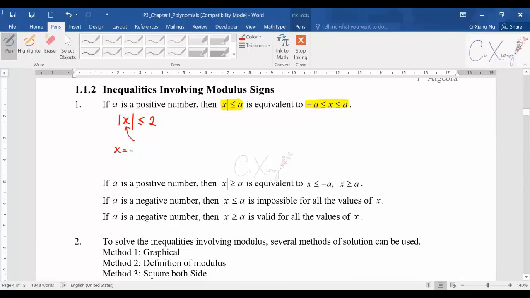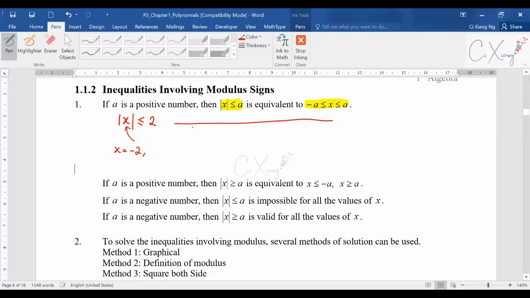Then you can try negative 2. When x equals negative 2, you put it inside and it becomes 2. 2 is smaller than or equal to 2, which is true. Maybe better I draw it.